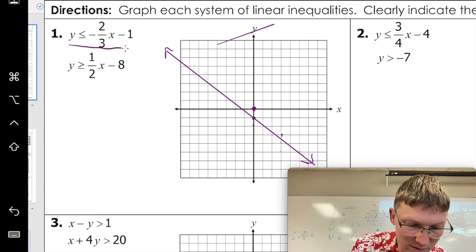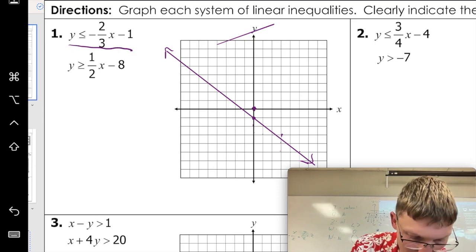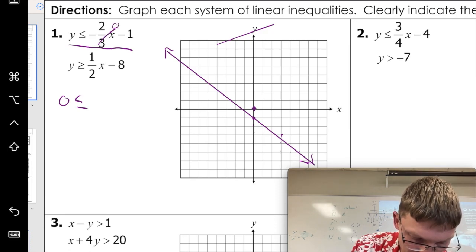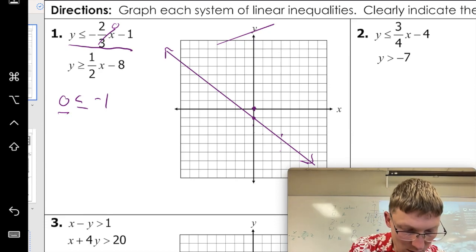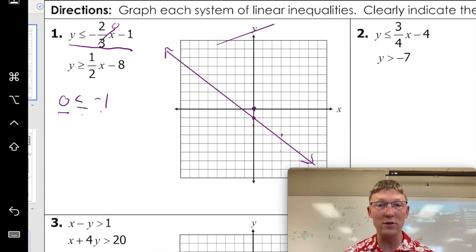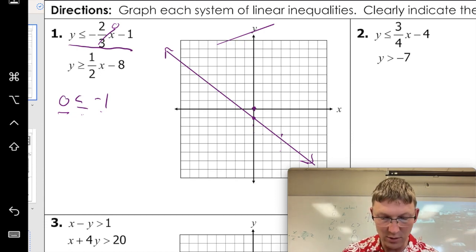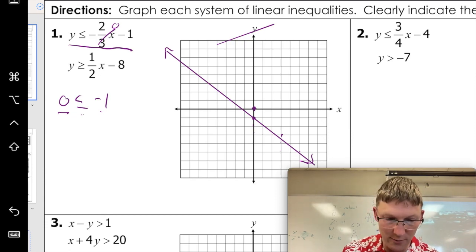So we've got 0 is less than or equal to, that turns to 0, to -1. So the question is, is 0 less than or equal to -1? And the answer is no, it is not. So that means that we're not shading above, but we are shading below.